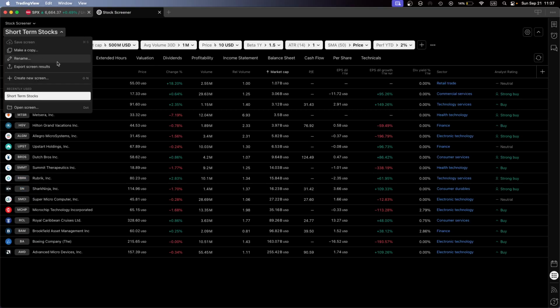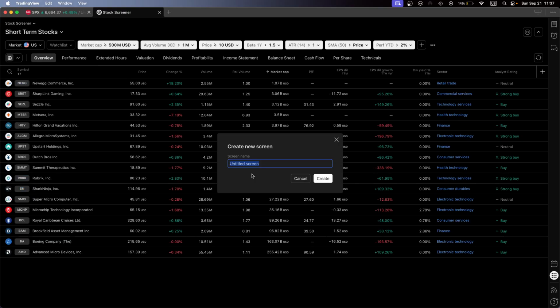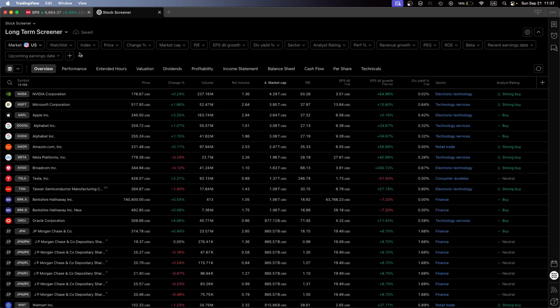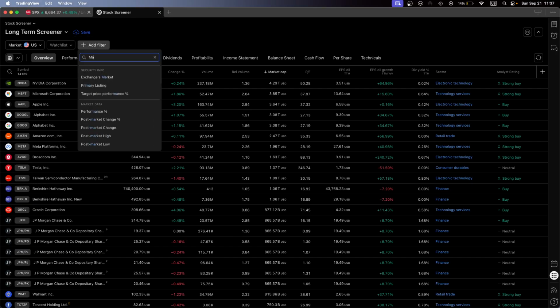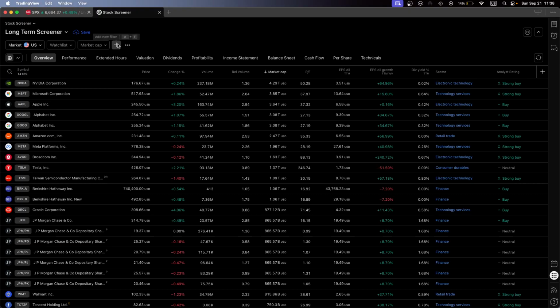So we can now create a new screen, and this will be our long-term screener. Same thing, first we remove all the filters and then we add one by one. I'll just add everything first.